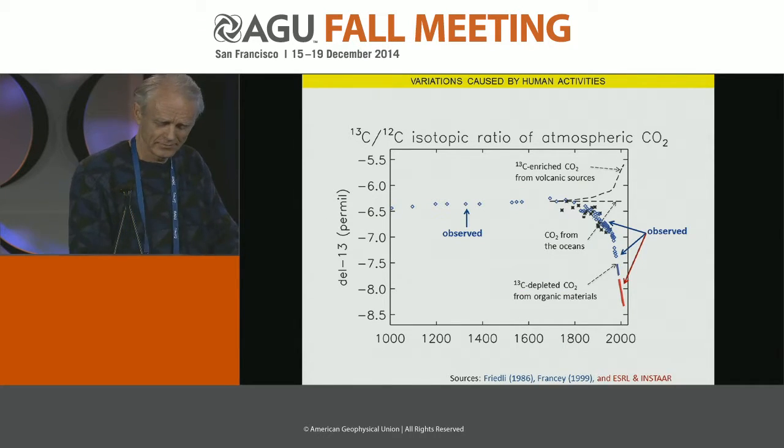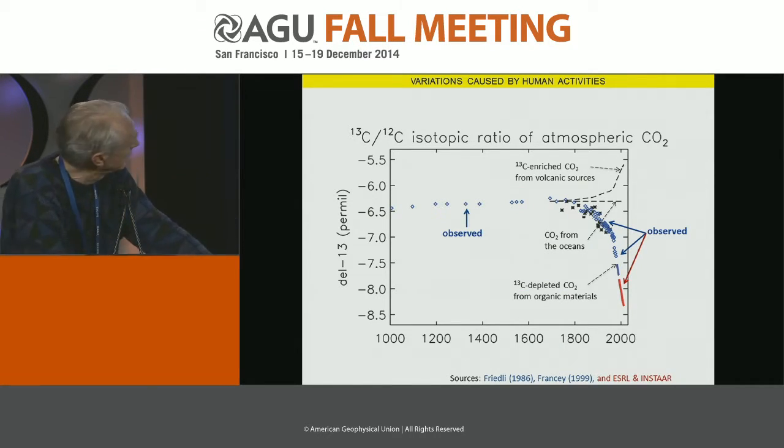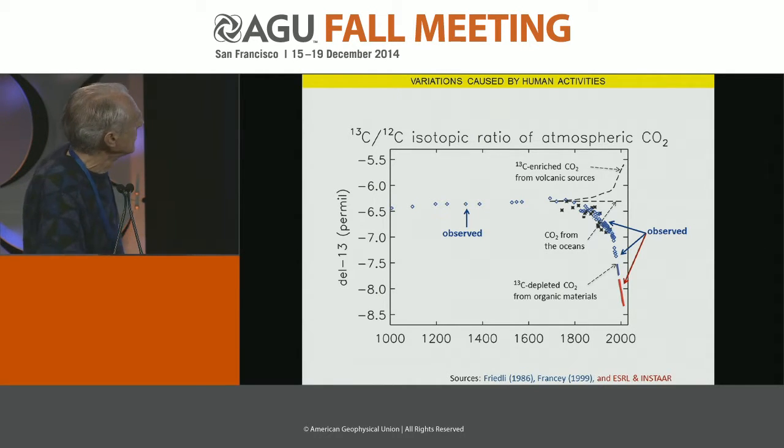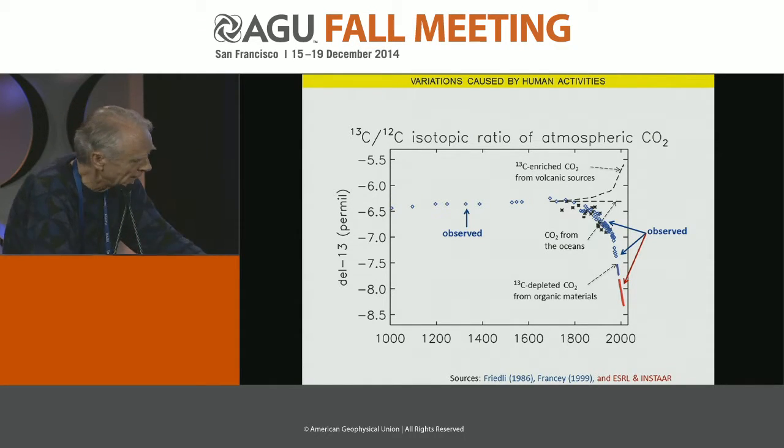One more sign of human domination. Even if we didn't know that we were burning fossil fuels and we looked at the atmosphere, we can diagnose what the source is. What you see plotted here is a history of C13 CO2 in the atmosphere, first from firn and ice cores, and then modern day measurements at the end, with a sharply downgoing trend there.